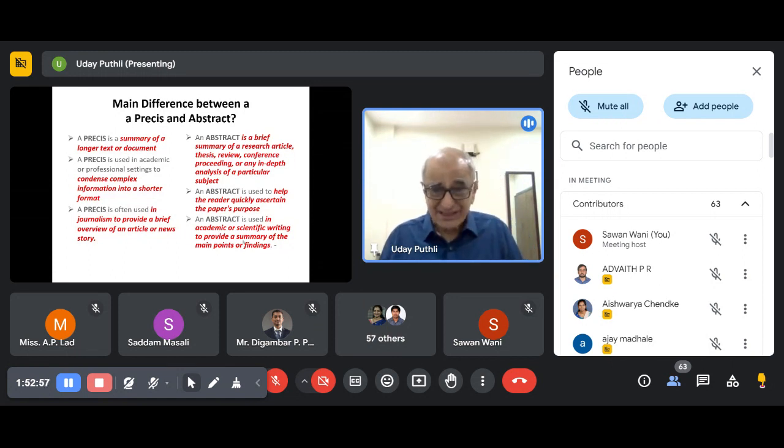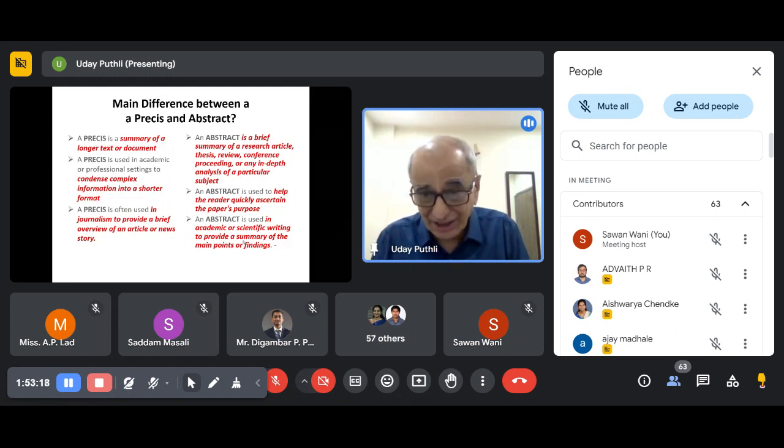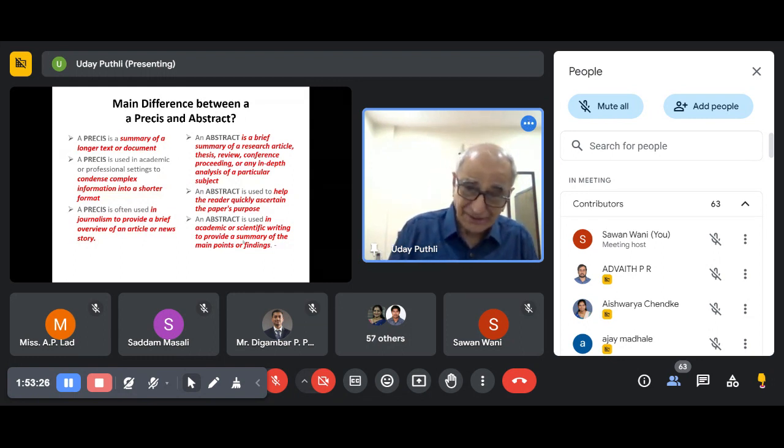Now, this is the difference. The main difference is that a précis is not always or not necessarily a research thing. An abstract is generally, well, an abstract need not be research, but what is the meaning of an abstract? An abstract is a brief summary similar to a précis of, generally speaking, a research article, a thesis, a review, a conference proceedings, or in-depth analysis of a particular subject.